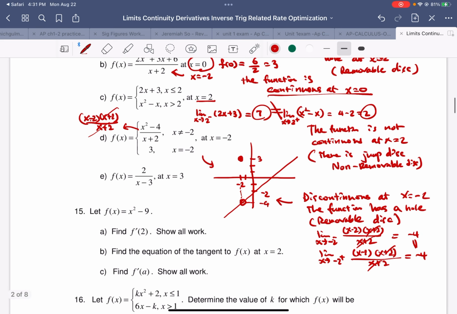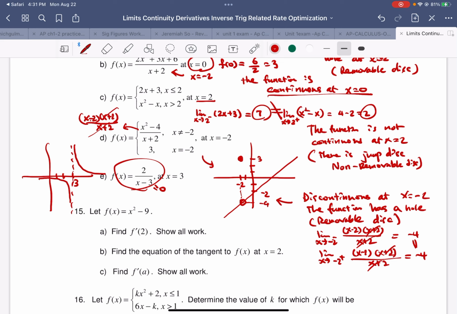Now let's move on to E. As you know, when you graph this one, there's a vertical asymptote at x equals 3. Set the denominator equal to 0, solve for x, then x equals 3, right? That's a vertical asymptote. Your graph looks like this after you graph it.